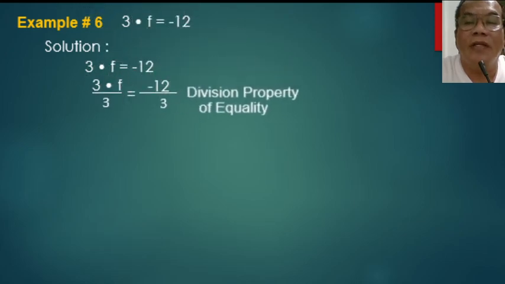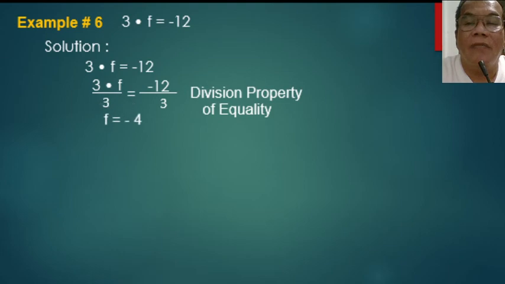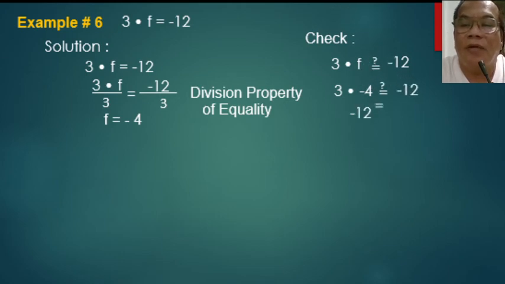So 3f divided by 3 is f, and negative 12 divided by 3 is negative 4. Okay, to check, just substitute: 3 times negative 4 is equal to negative 12. So negative 12 is equal to negative 12. So no doubt.